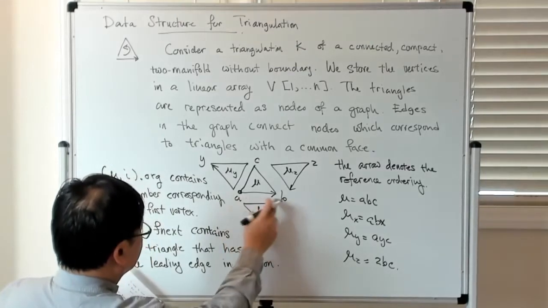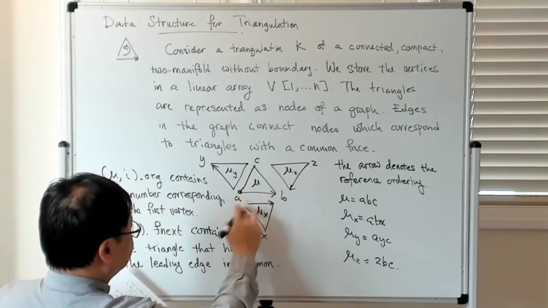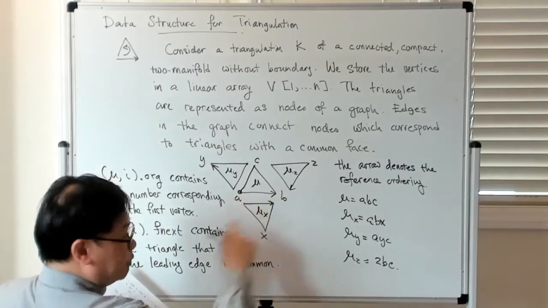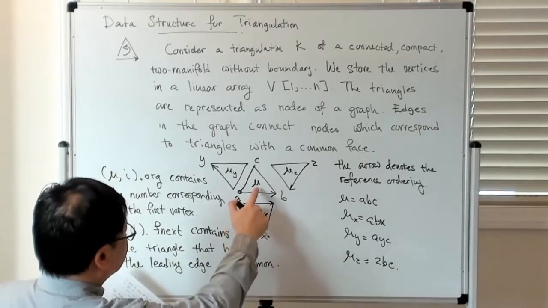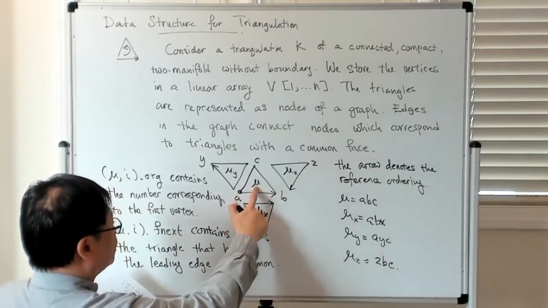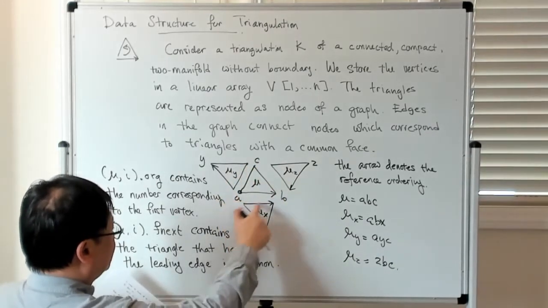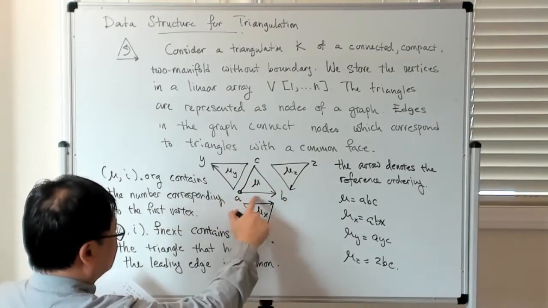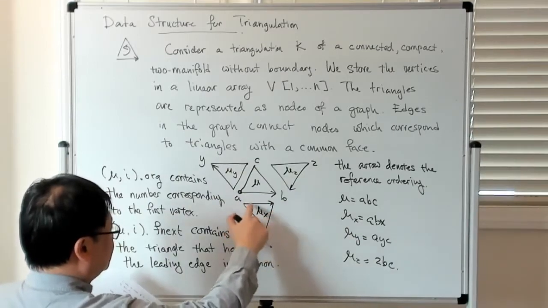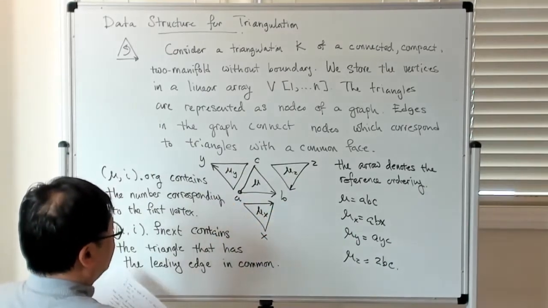So here you have two which both represent the same leading edge. That's telling you that orientation 0 of this particular labeling is consistent with orientation 0 of this triangle.